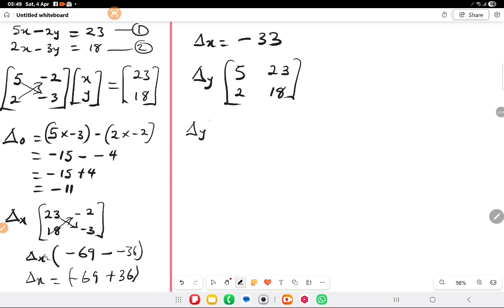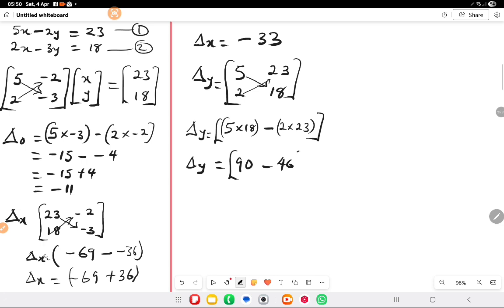Therefore, determinant y equals, when we multiply diagonally, 5 times 18 minus 2 times 23. 5 times 18 gives us 90, minus 2 times 23 gives us 46. 90 minus 46 is equal to 44.